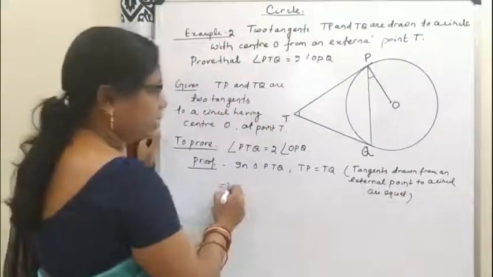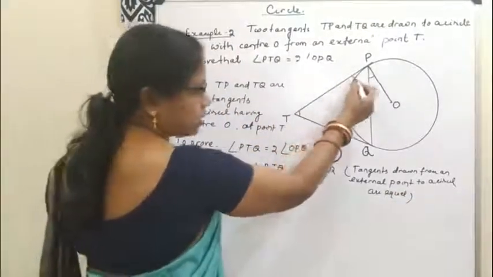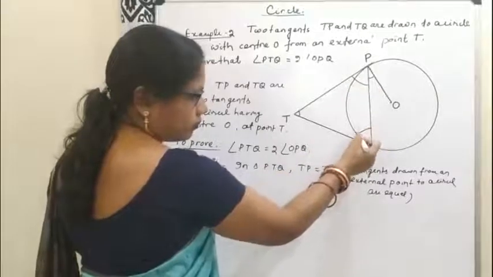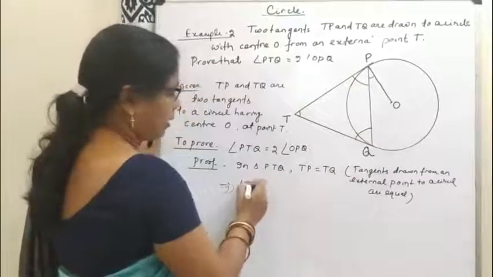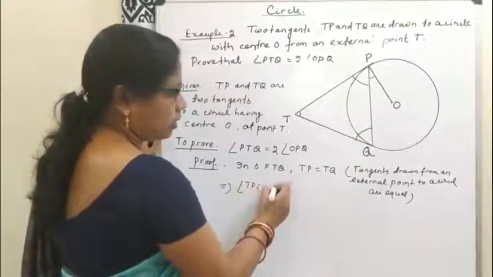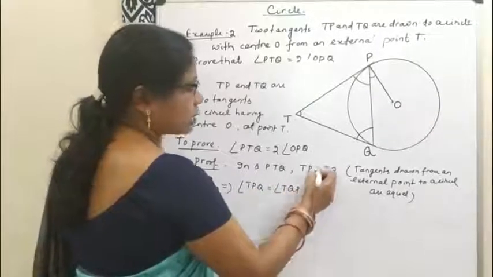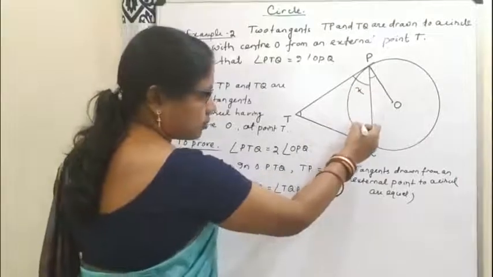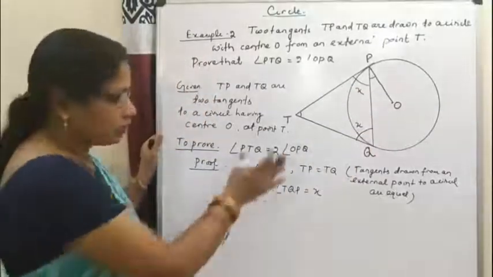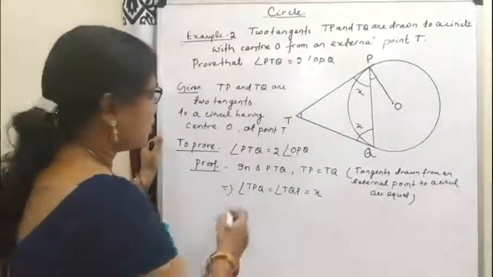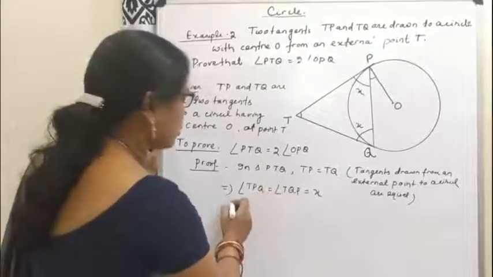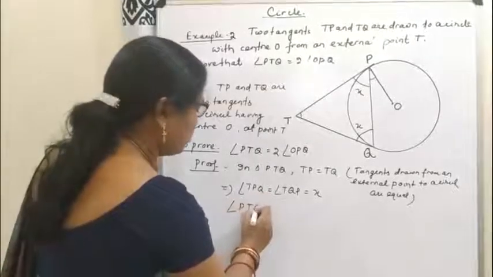So this implies these two angles are equal. Angle TPQ is equal to angle TQP. Let these angles be x, for easy calculation. So what is angle PTQ?